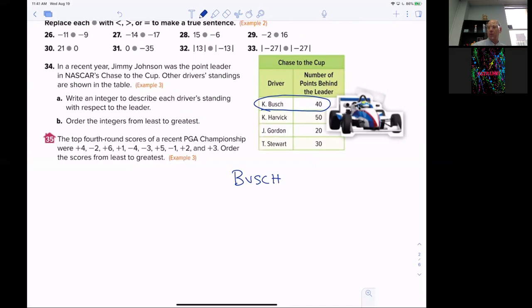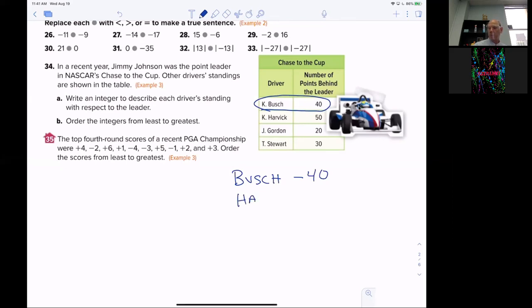But then you said he was 40 points behind the leader? Yeah, 40 points behind the leader. So if he's 40 points behind the leader, what would that be? How much? So this is what I was trying to tell you. So isn't it just minus 40? Do you agree with that? Right?